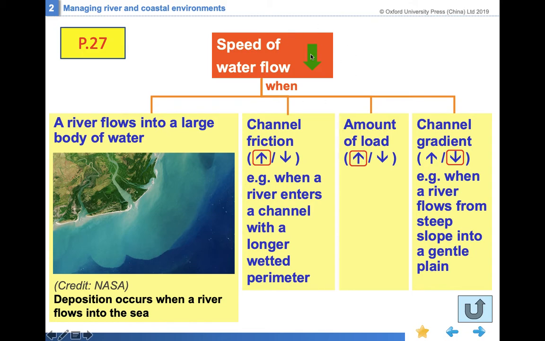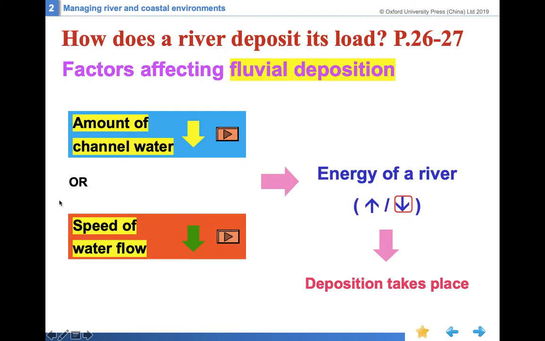Of course it will slow down the river. Or the gradient decreases, from a steep slope to a gentle plain, which reduces the speed of the river flow. So when these two reduce, the energy of the river will reduce, and that's where the deposition will happen.